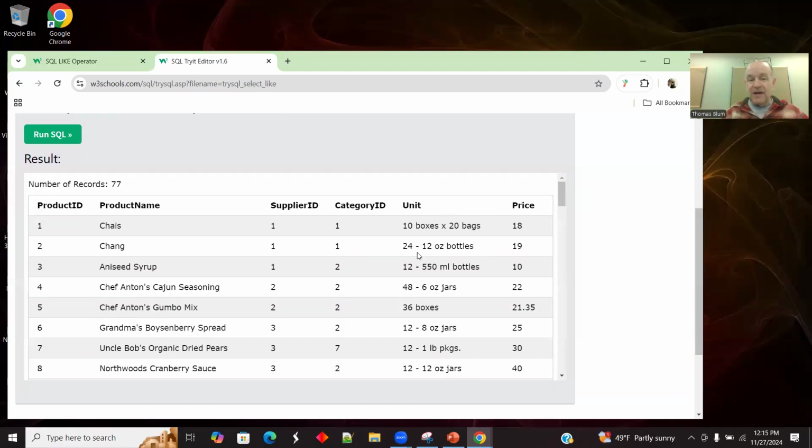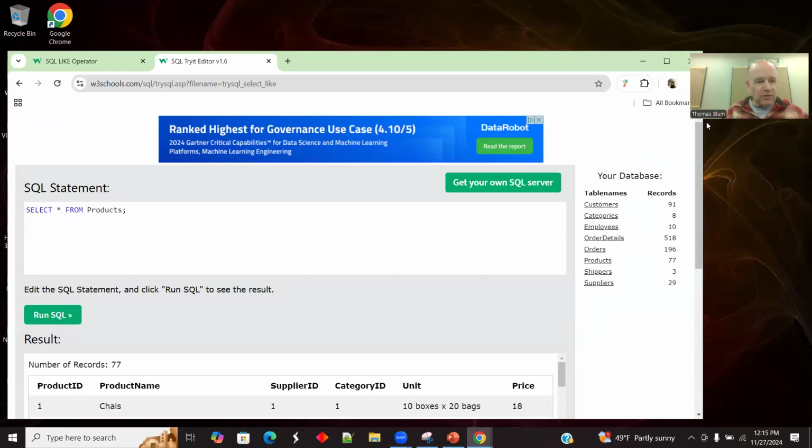I want to say if something comes in a bottle or a jar, then I'm going to do something where that matters to me. I don't know what, but okay. So maybe I want the product name, and let's get the unit just so that we can see if our answer makes sense.